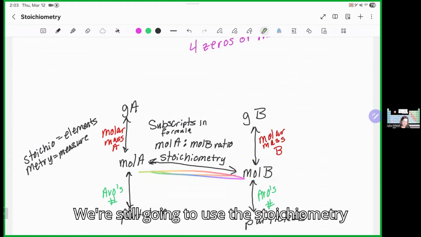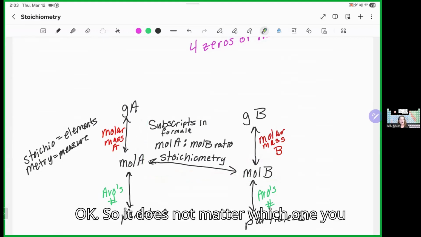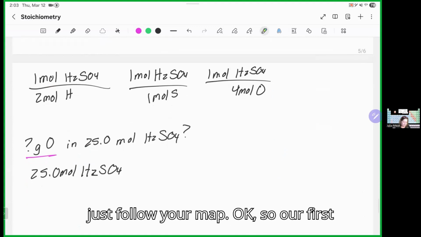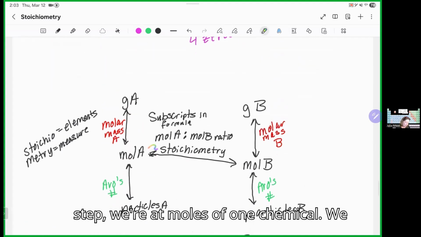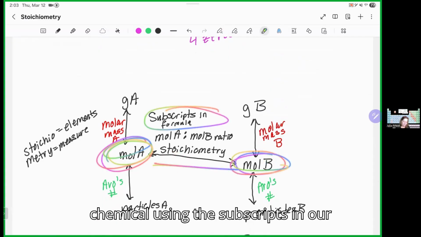We're still going to use the stoichiometry and the molar mass. So it does not matter which one you call A and which one you call B. You just follow your map. Our first step, we're at moles of one chemical. We first need to go to moles of the other chemical using the subscripts in our formula.